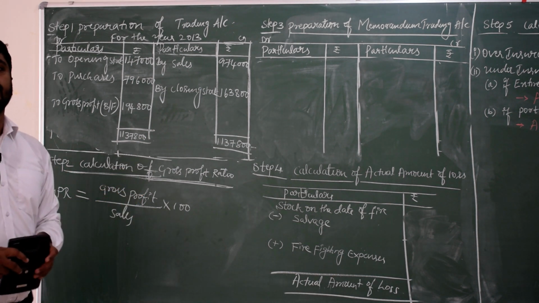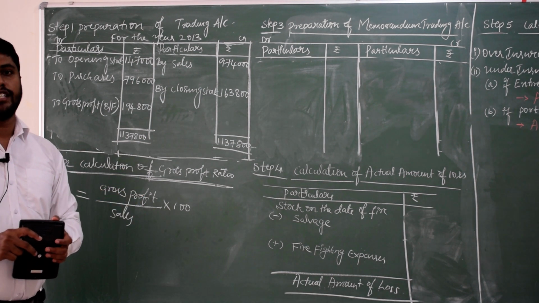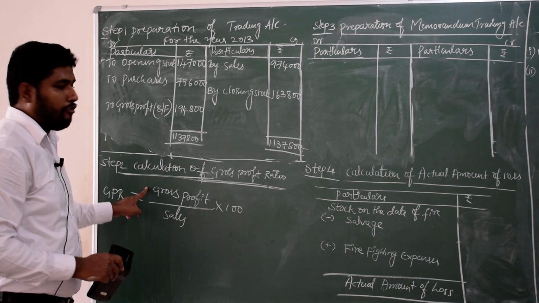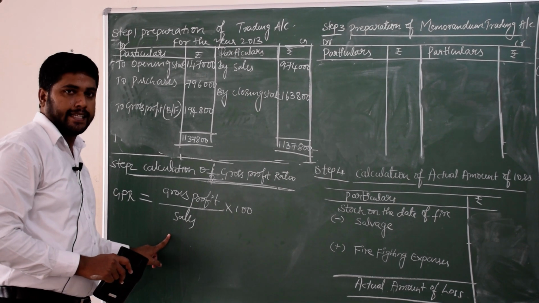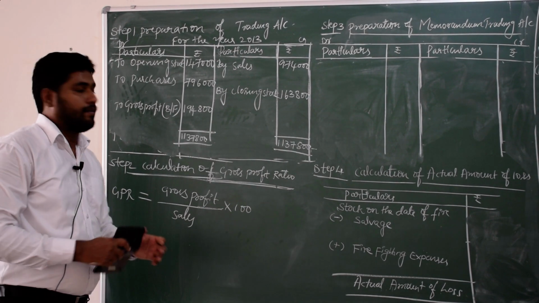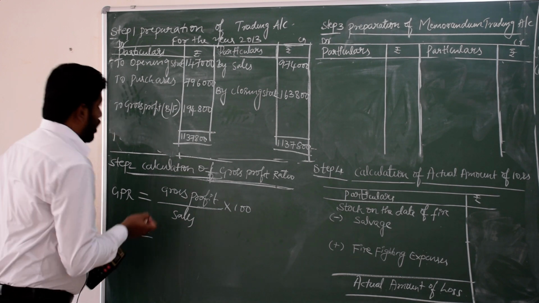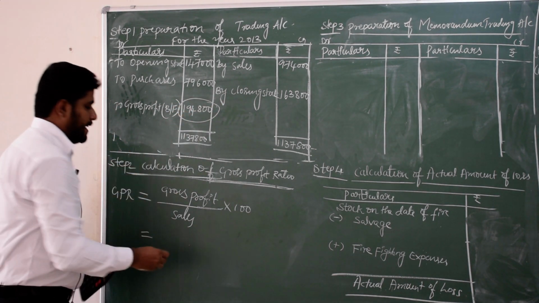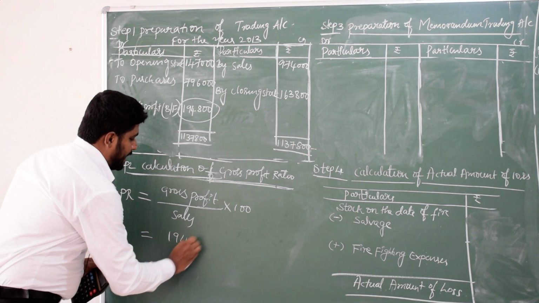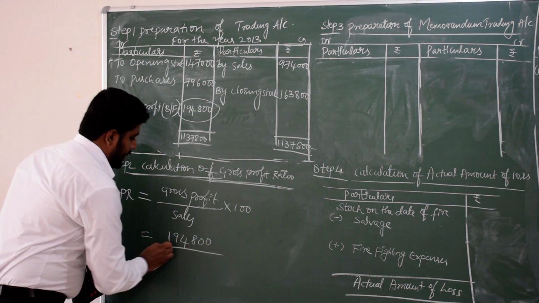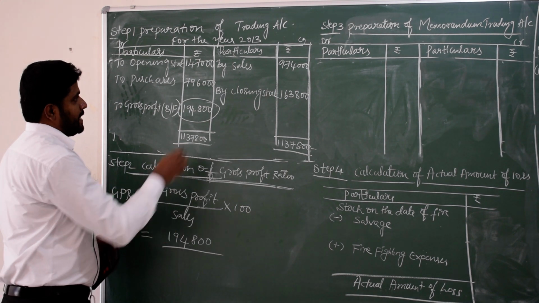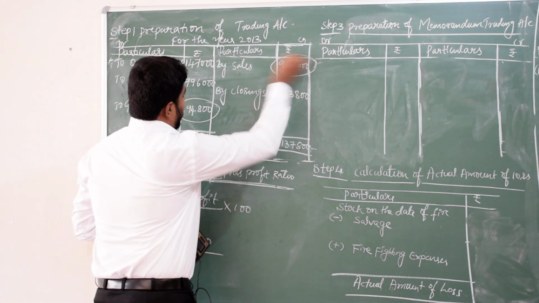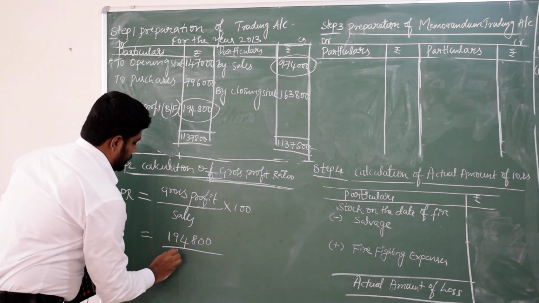Step number 2 is calculation of gross profit ratio. For that we have the formula gross profit divided by sales multiplied by 100. The value of gross profit is 1,94,800, divided by sales. Here the sales value is 9,74,000.